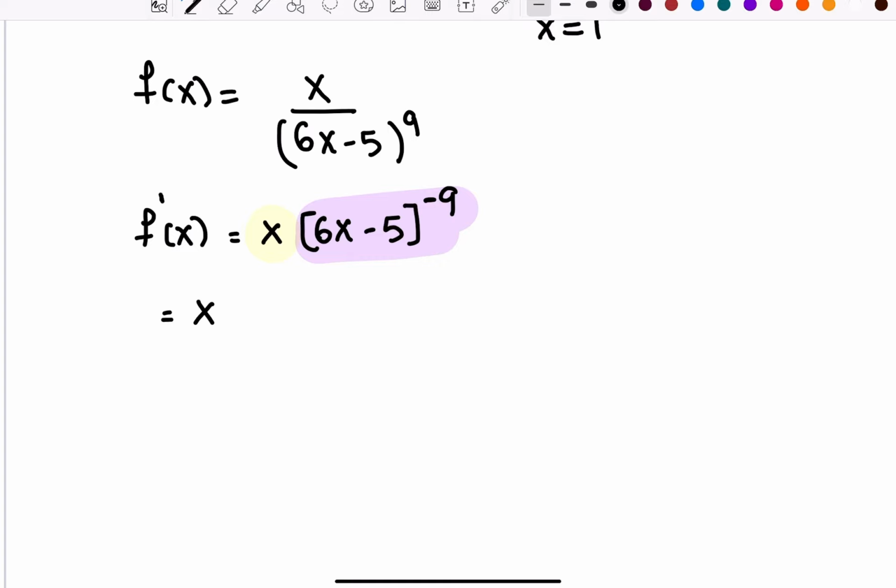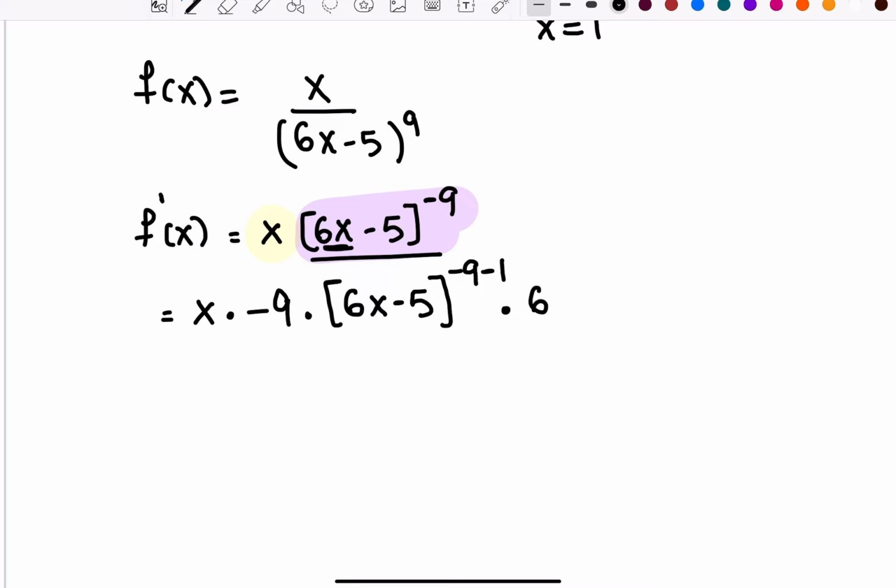It's the first function times the derivative of the second, which is negative 9 times 6x minus 5 to the power negative 9 minus 1 times the derivative of 6x minus 5. Derivative of 6x is 6.